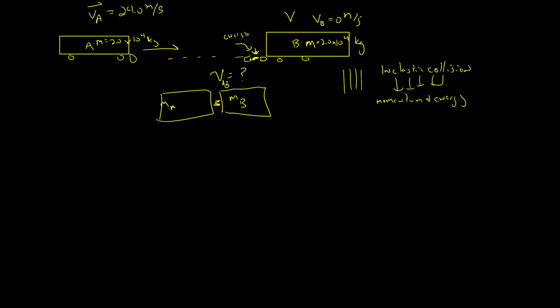We're going to treat the upper frame as the initial conditions. In the initial frame, our initial momentum is mass A times velocity A plus mass B times velocity B. Our final momentum, when they're stuck together, is the mass of A plus B, because they stick together, times the velocity of them sticking together.